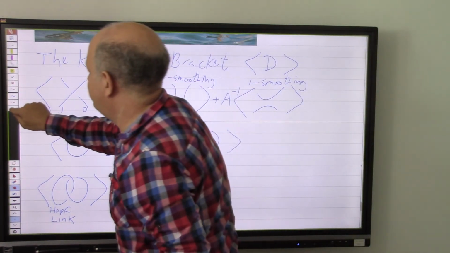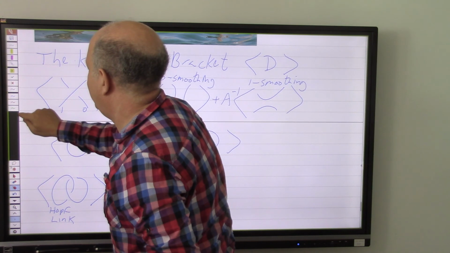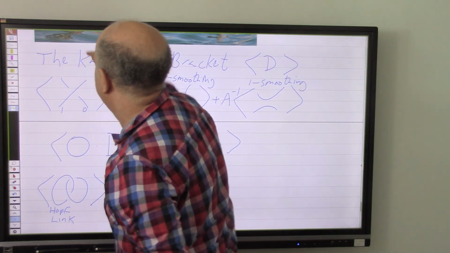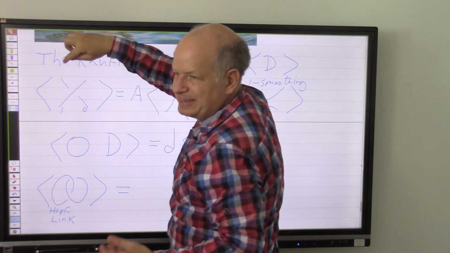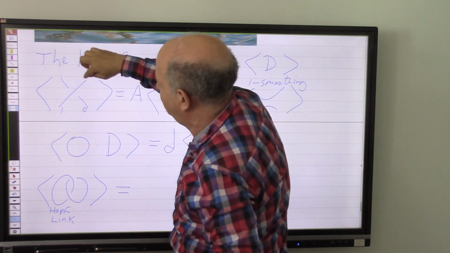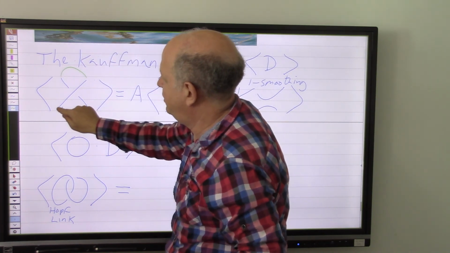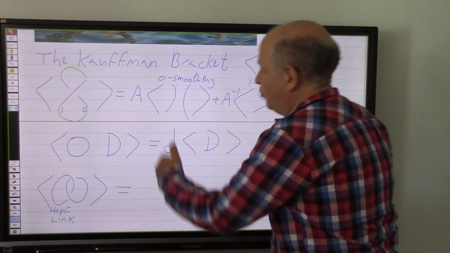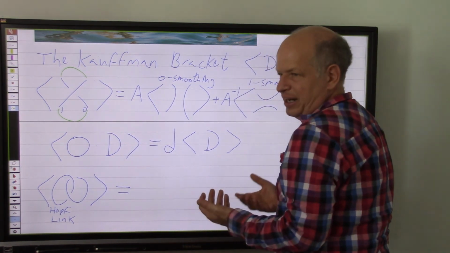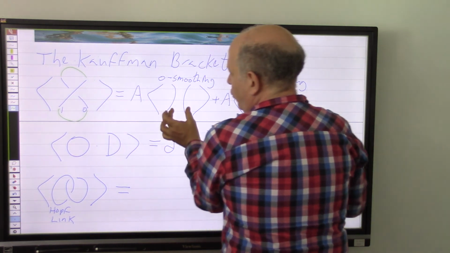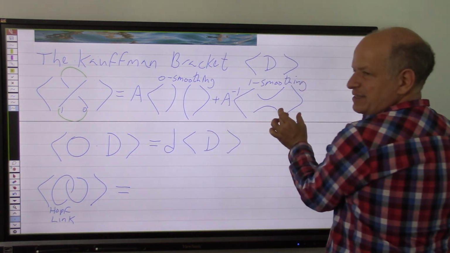So, for example, if the rest of the knot was extremely simple, so if this was connected to that, and this was connected to that, then the Kauffman bracket would be computed by replacing the crossing with a 0 smoothing or a 1 smoothing.